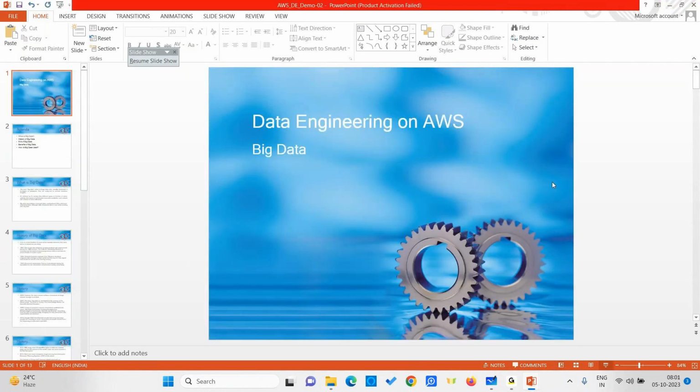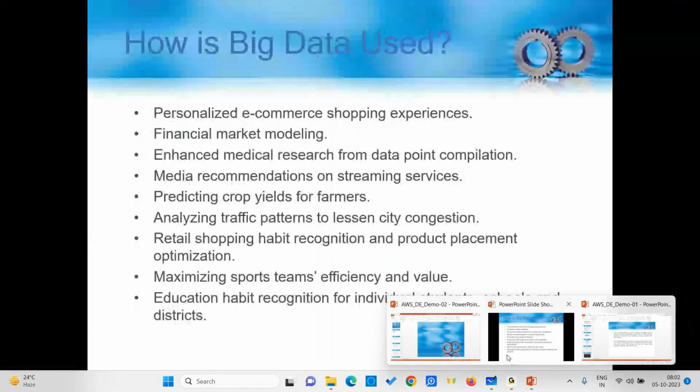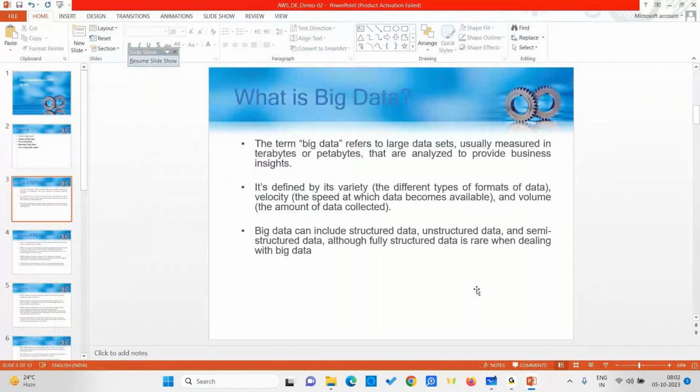So as you asked, the primary task of a data engineer is to design, construct, maintain, and optimize the data pipelines. And the responsibility is ETL, extract, transform, and load, and designing and maintaining the architectures.